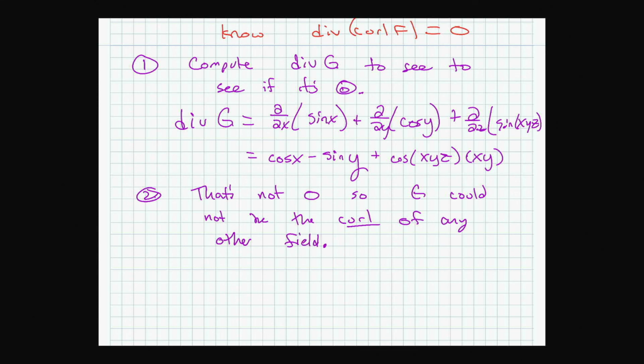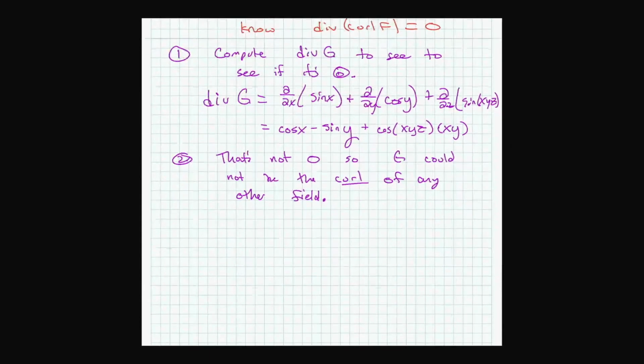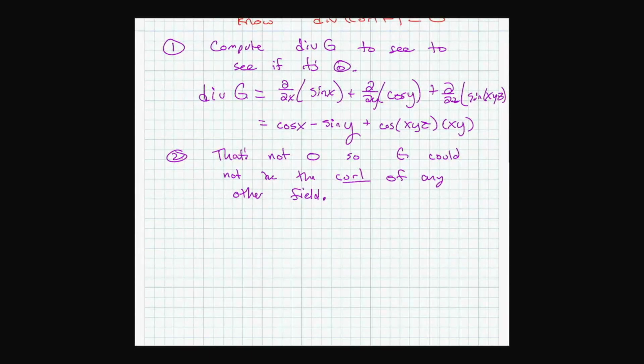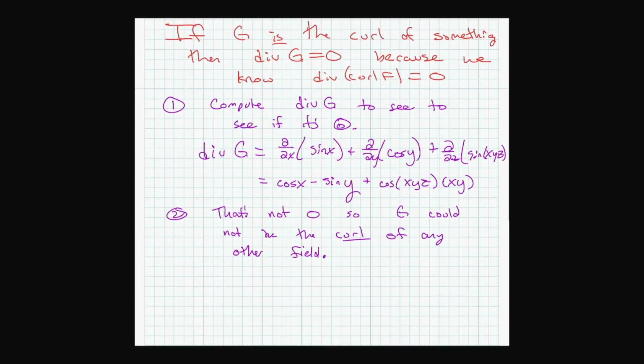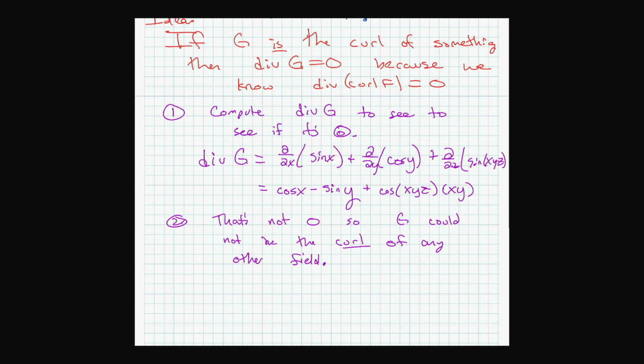Because if it was the curl of another vector field, then we should have gotten 0, and we didn't. So those aren't hard. You just got to know what the point is. It asks if it's the curl, and you have to know to take the divergence.